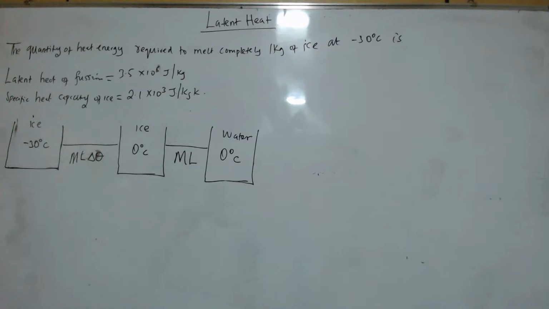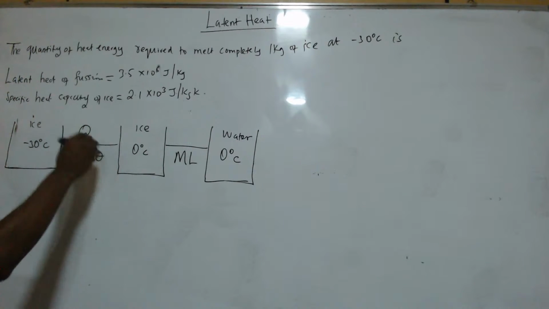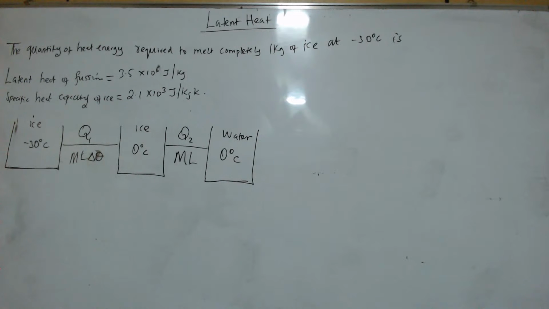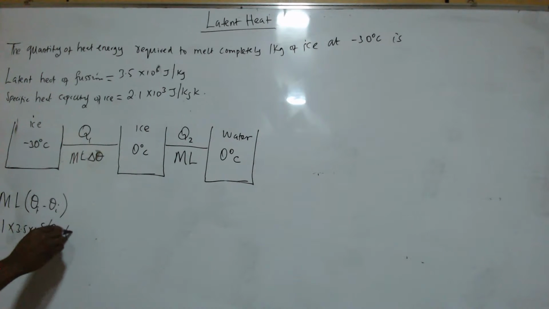So let's calculate here. Let's call this Q1 and this Q2. So Q1 is mass times specific heat capacity times final minus initial temperature. This will give us 1 times 2.1 times 10 to the power 3 into our final temperature, which is 0, minus the initial, which is minus 30.